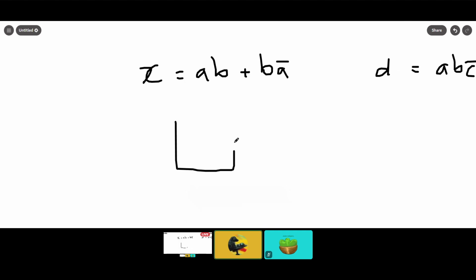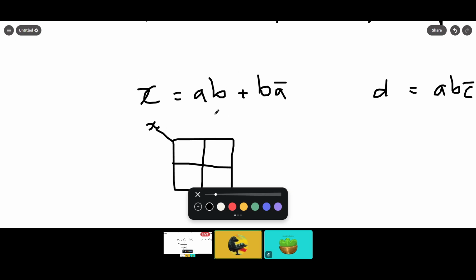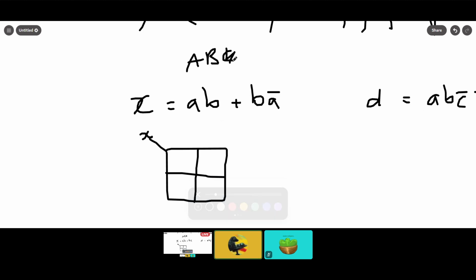We draw a box with four squares inside, and we draw this line coming out of it. Next we draw x on the tip, so this represents x. Now we look at our variables. In the question, they'll probably give you an expression, let's say they give you a b.